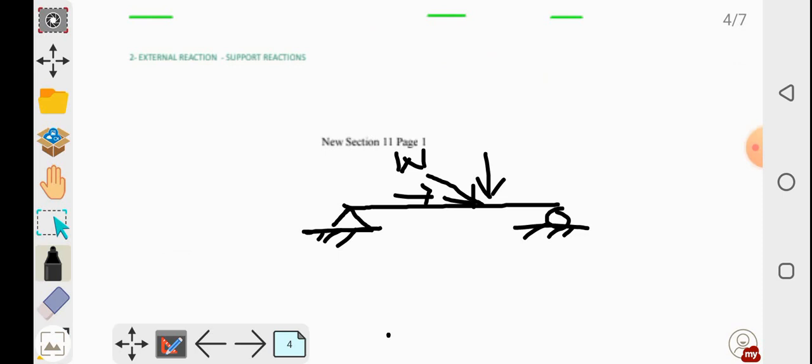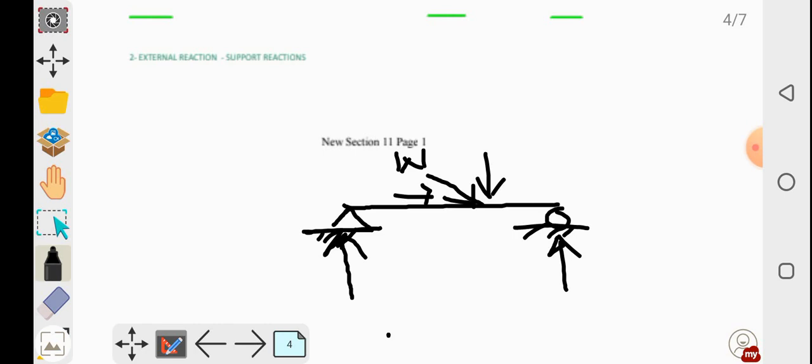Now for safely bearing this vertical load, our support should develop a vertical reaction like this. And for safely bearing this horizontal load, our support should develop a horizontal reaction just opposite to this horizontal load.